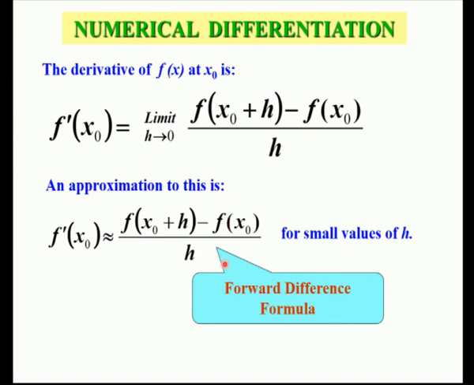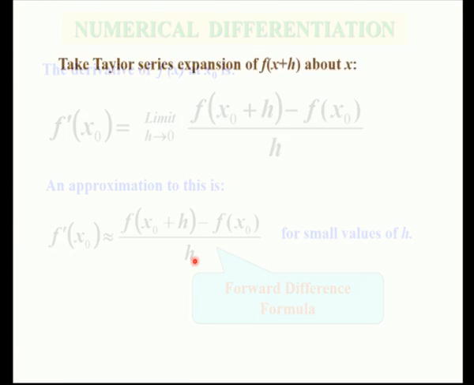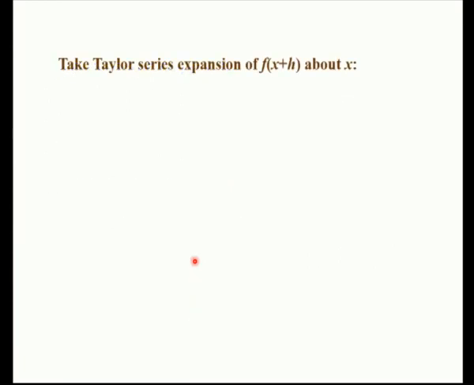Put it in the other sense, if you call y as f of x, it is y difference upon x difference. Again, it is called del y upon del x, which is the approximation of the derivative. And mainly Taylor series is utilized to compute the numerical differentiation.